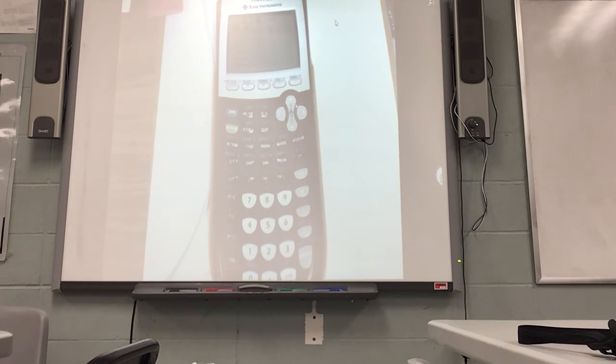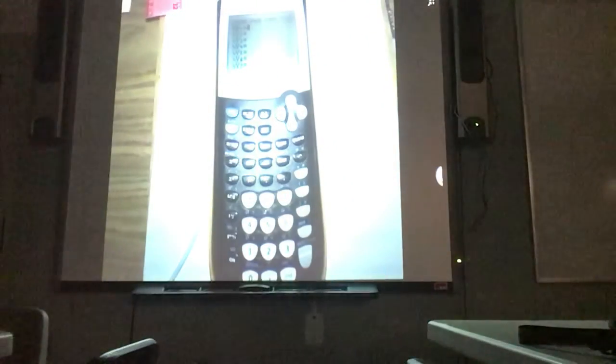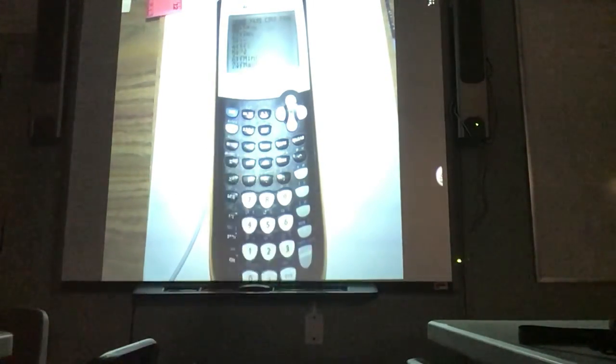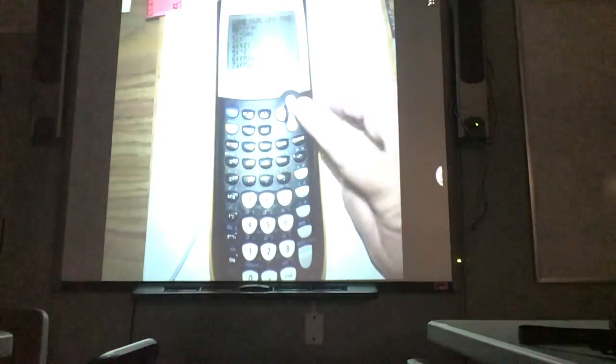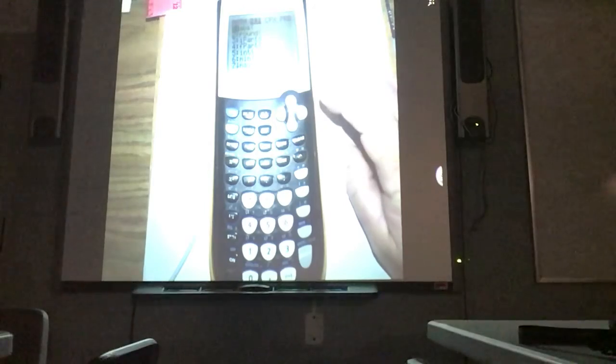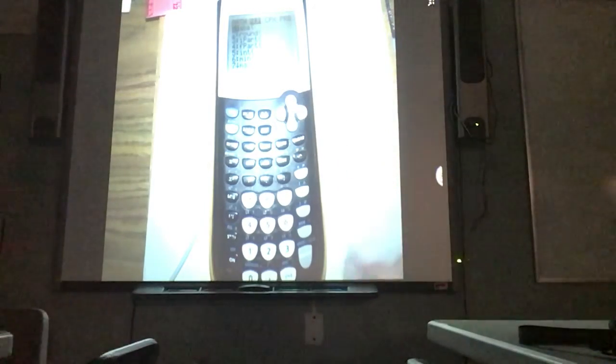To get the absolute value bars, you hit math, right there underneath the alpha button, and then move over one to num. That very first one that says ABS is absolute value, so you pick that.